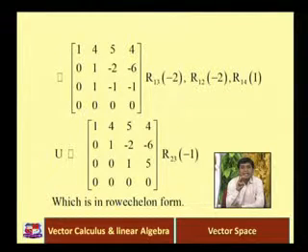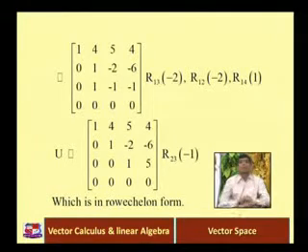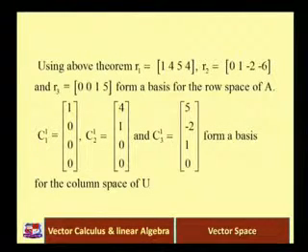So those 3 row vectors 1 4 5 4, 0 1 -2 -6 and 0 0 1 5 form a basis for the row space of A as well as U. So here is the answer using the above theorem: R1, R2 and R3, the first 3 row vectors of U, form a basis for the row space of A.